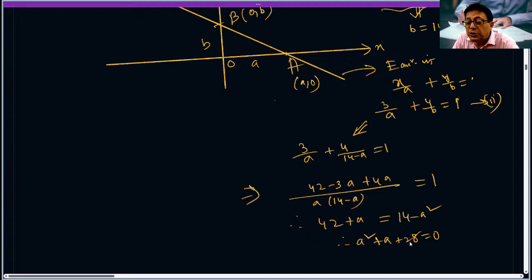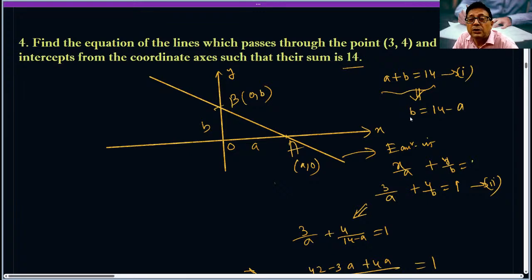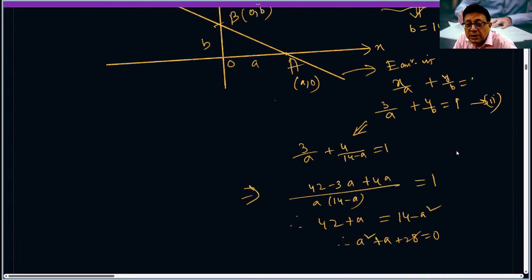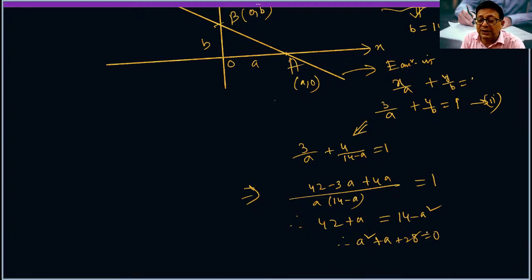Here is 2 into 14 or 7 into 4, can't be factorized. A plus B is 14, so B is 14 minus A. So it should be 14A minus A square. 14A minus A, oh 14A I forgot to take. This is the problem. 14A is there.